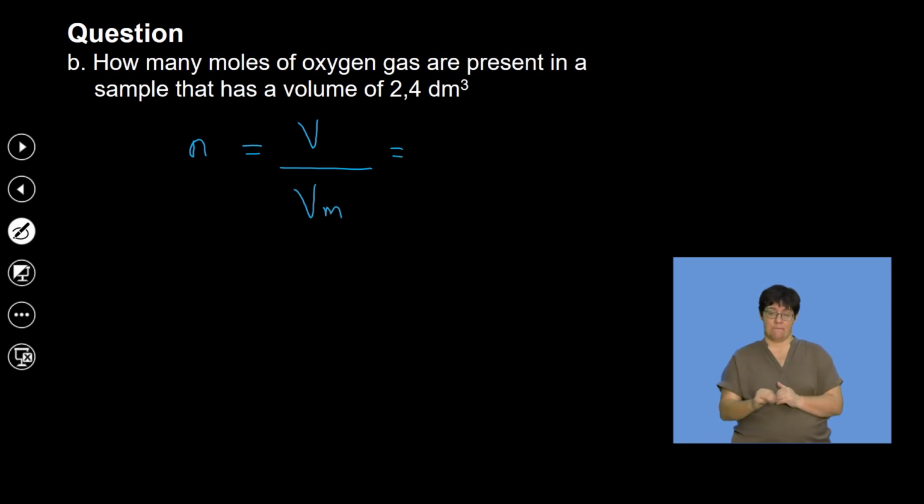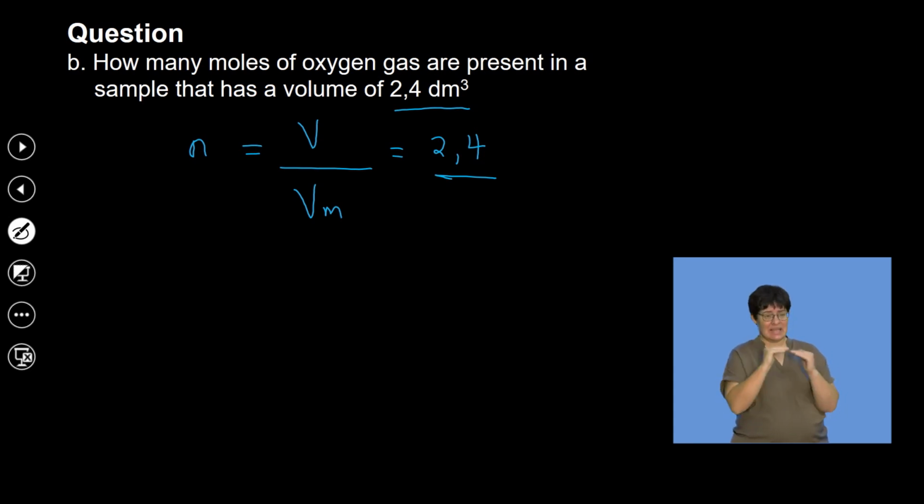The volume of sample that we're given here is 2,4 cubic decimeters. It's no longer the mass. Take note of that, because that's the volume of the sample, divided by, we assume that this is at STP. So if we assume that this is at standard temperature and pressure, we know each mole will occupy 22,4.